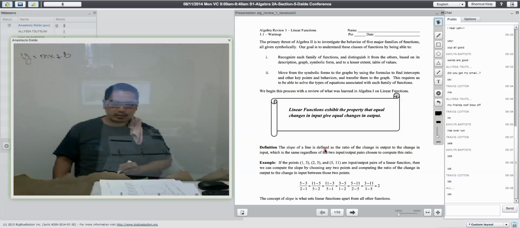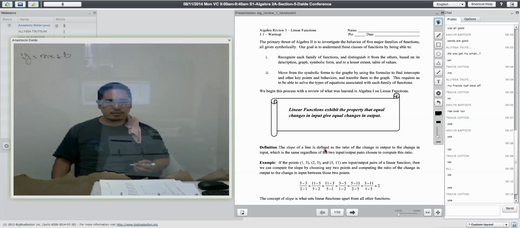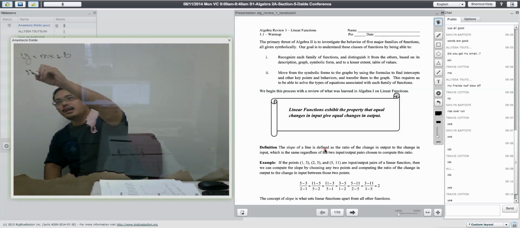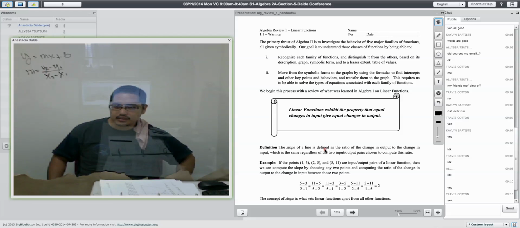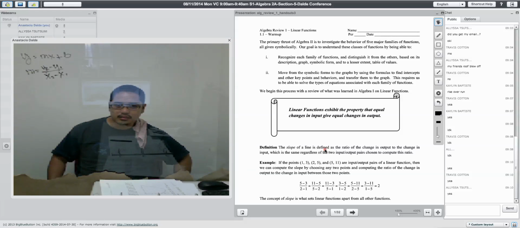Do you remember that one? Yes? No? Help me out here. What about m equals y2 minus y1 over x2 minus x1? Have you seen that one? Yeah? Alright.